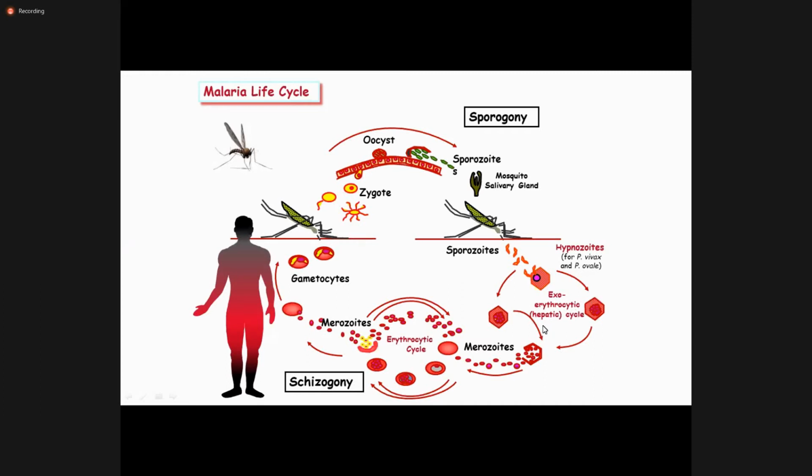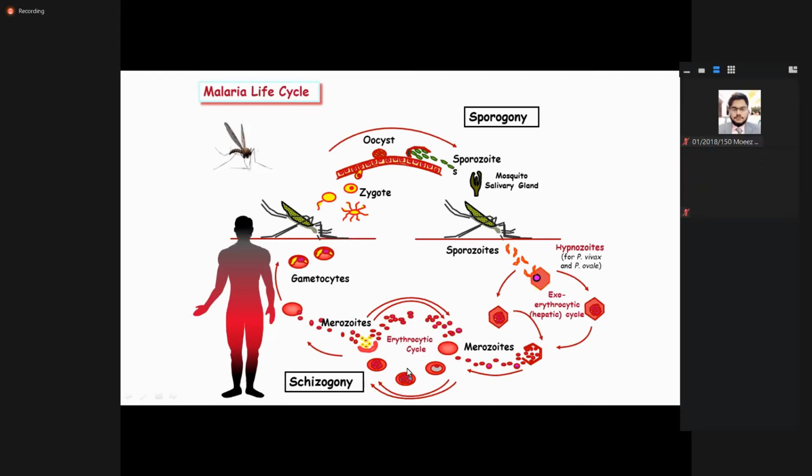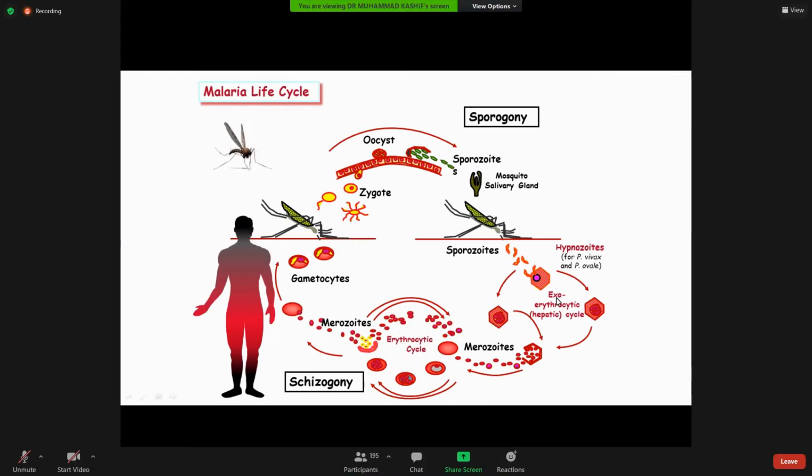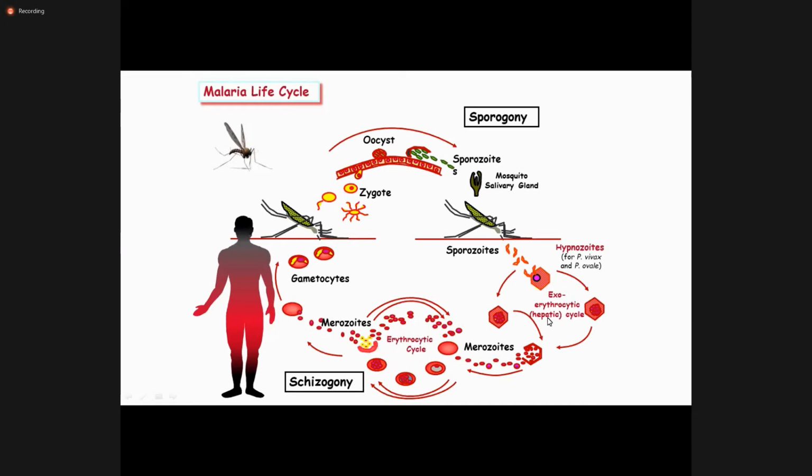This burdens the patient, and he always complains that he has taken all the medicines and completed the course, yet he is again having recurrence. So you have to kill the parasite in the blood phase, in the red blood cells, and you also have to eradicate the parasite from the liver.